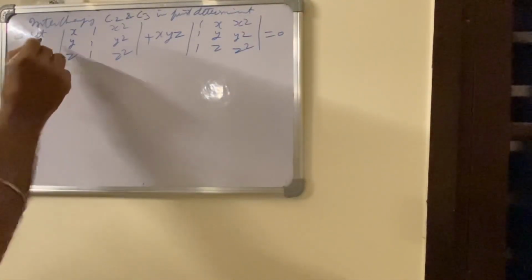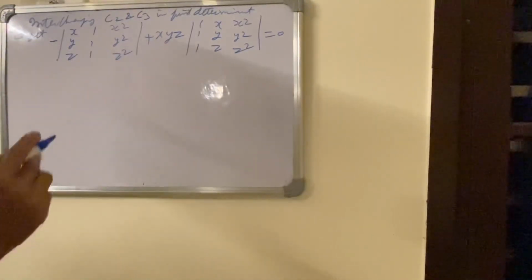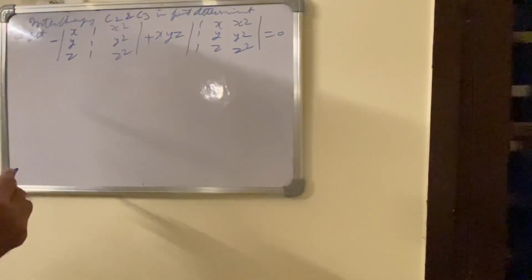Then there will be a negative sign. Why? Because we have changed C2 and C3.